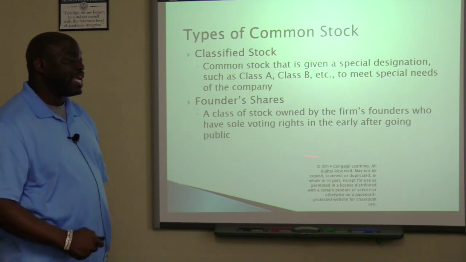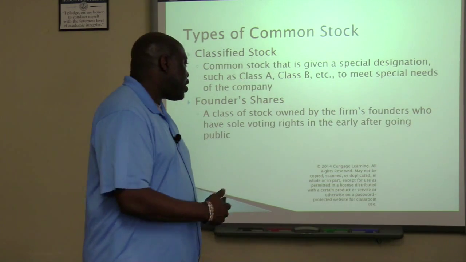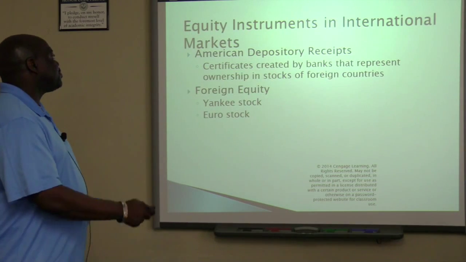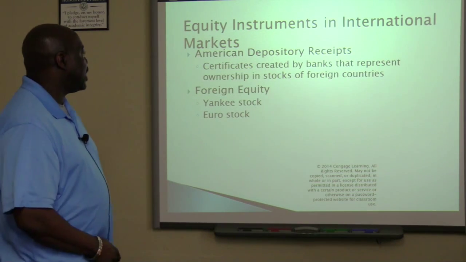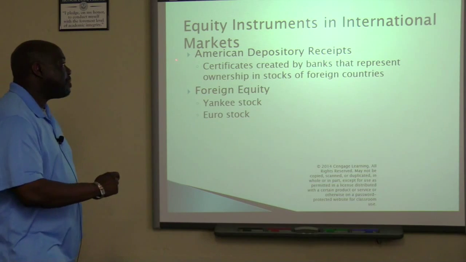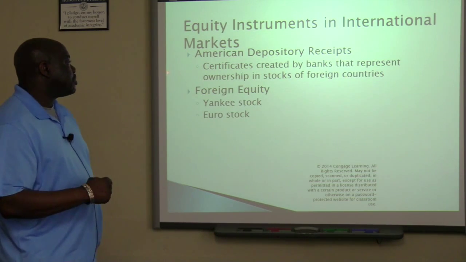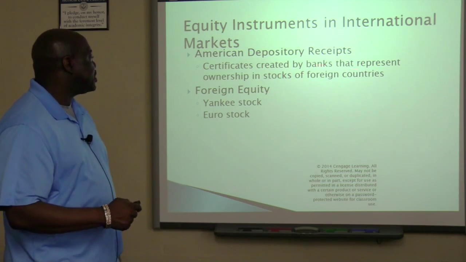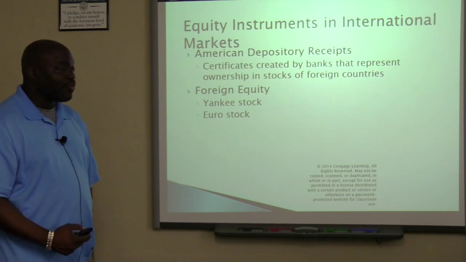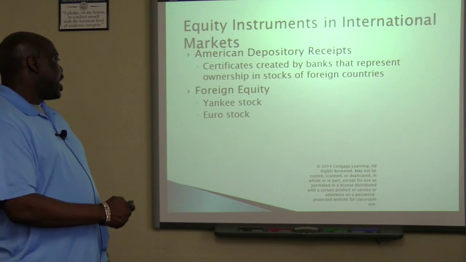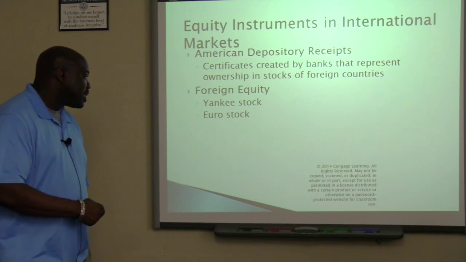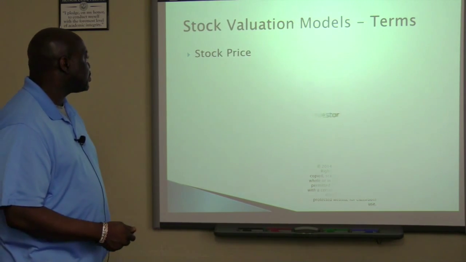So these are the people who actually built the company up. Equity instruments in international markets: you have American Depositary Receipts, certificates created by banks that represent ownership in stocks of foreign companies. You have foreign equity, the Yankee stock and the Euro stock.